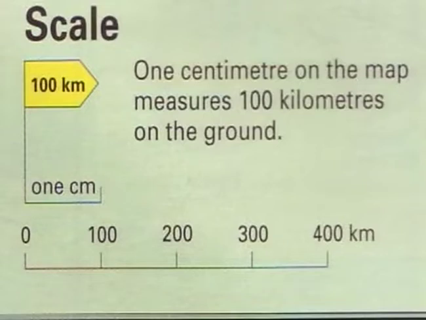When you look at the scale, it reads 1 centimeter on the map measures 100 kilometers on the ground. So you are going to measure the distance between Wewak and Port Moresby. Okay, I will give you 1 minute to find the actual distance on the ground between those two towns. You can start now.